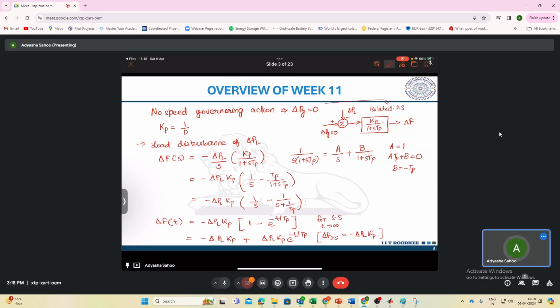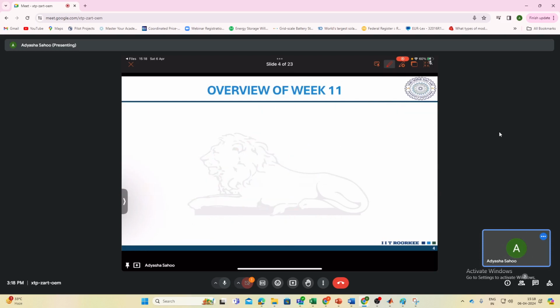Now let us see what will happen when we add a controller to this: the case of an isolated power system with integral control.